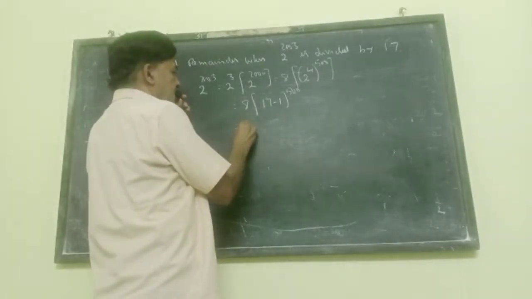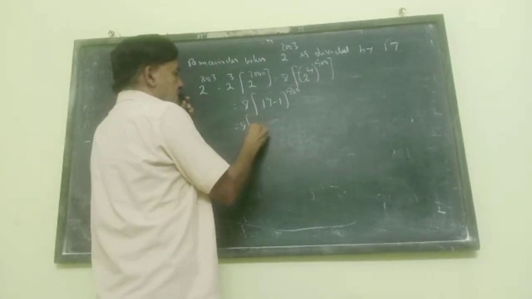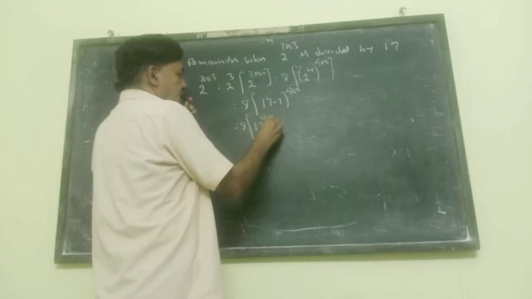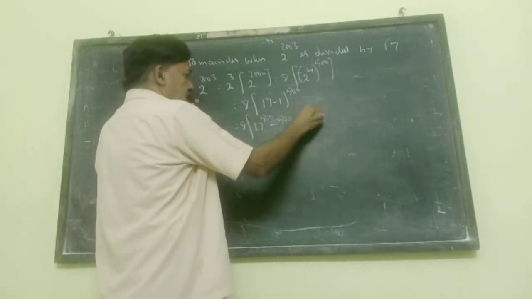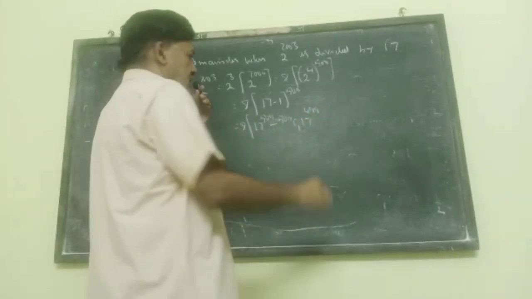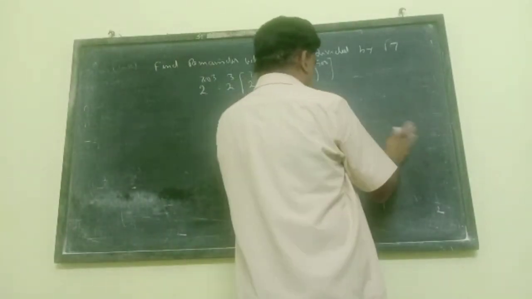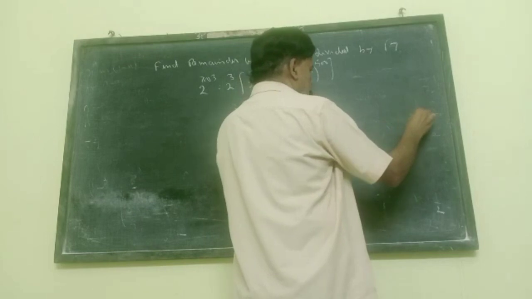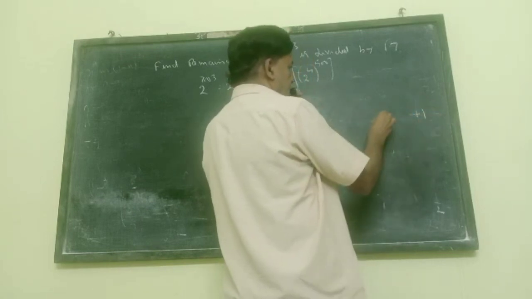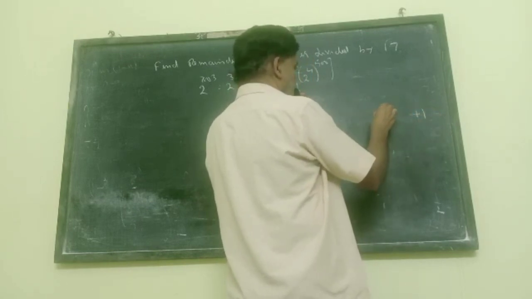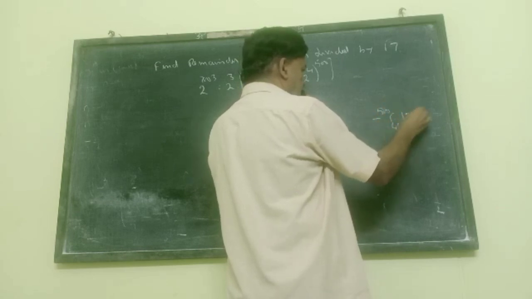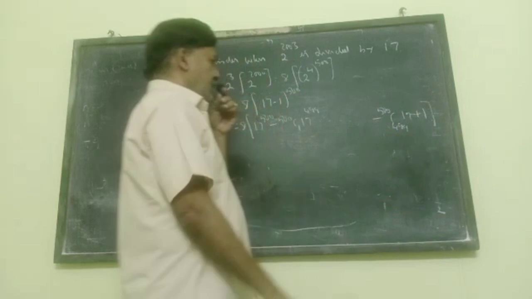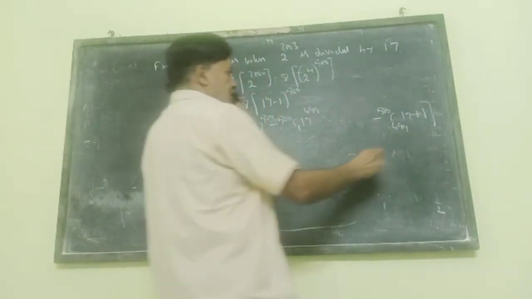Now, this is 8 into 17 power 500, minus 500 C1 17 power 499, and so on. Finally, plus 1. Here minus 500 C 499 into 17.